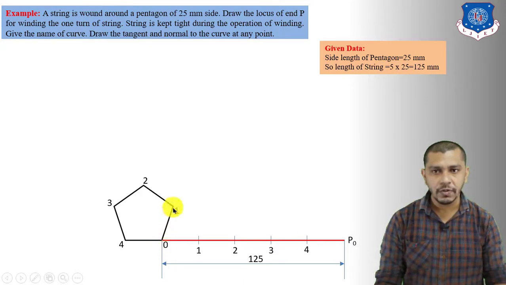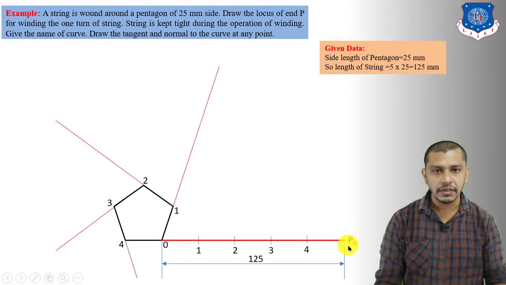That means extend edge 0-1, extend edge 1-2, extend edge 2-3, extend edge 3-4 of the pentagon like this.